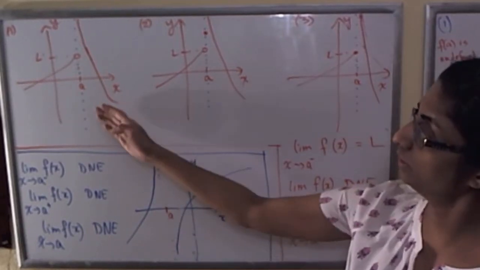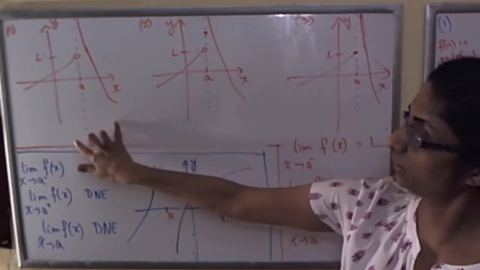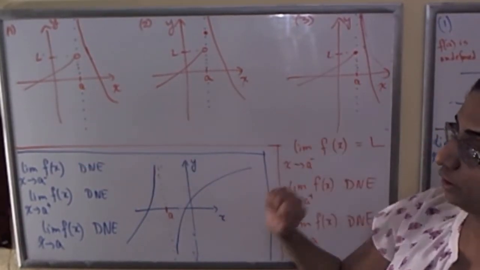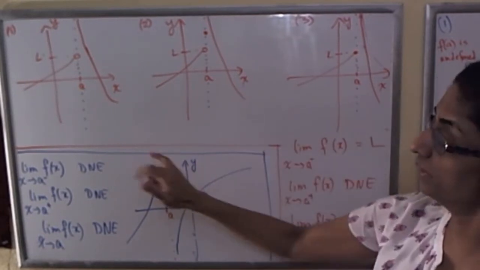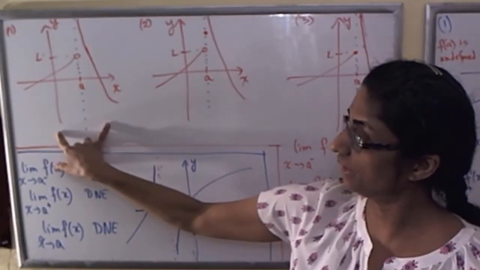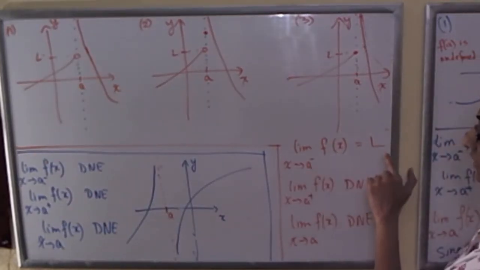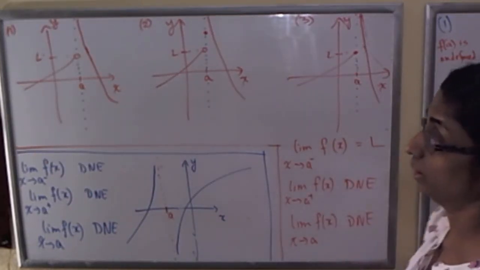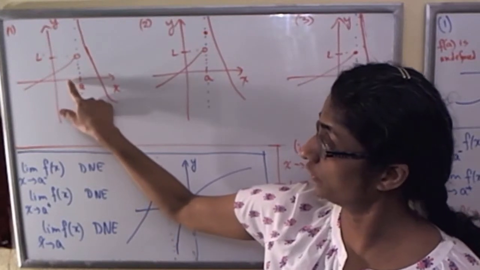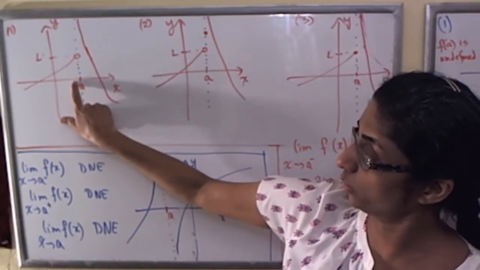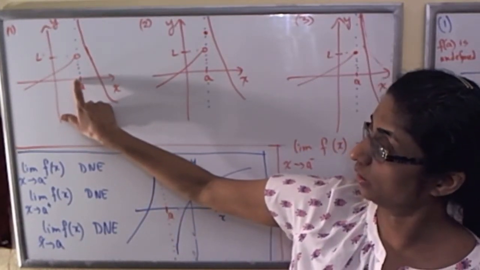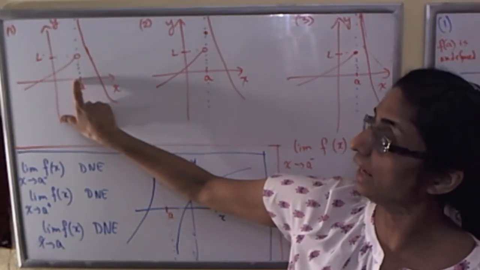Now let's look at examples where one of the limits does not exist. Here's another set of examples. Look at these together and compare them. So let's look at this graph. Convince yourself that the left-hand limit exists and is L, because if we approach a from the left, that means we're looking at a point very close to a, on the left of a, never at a.